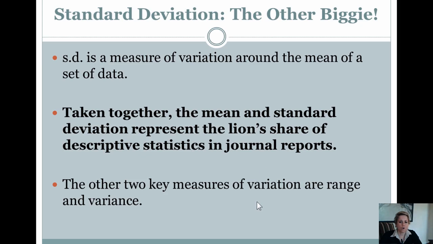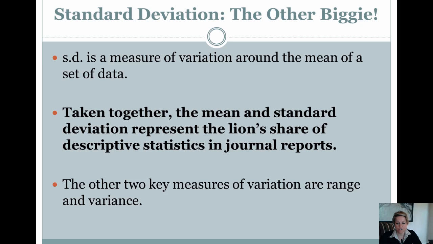Okay, so standard deviation, again, is the other biggie in descriptive statistics, and it reads as, in papers, S period D period. It's a measure of variation around the mean of a set of data. And again, taken together, the mean and the standard deviation represent the lion's share of descriptive statistics reporting in research.